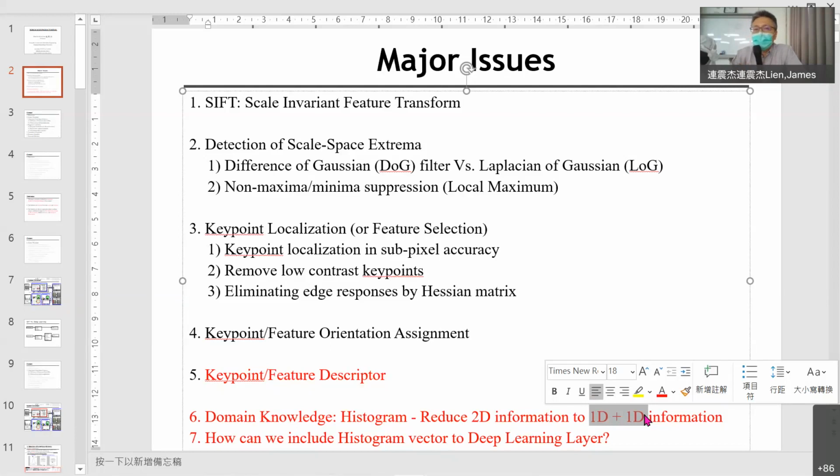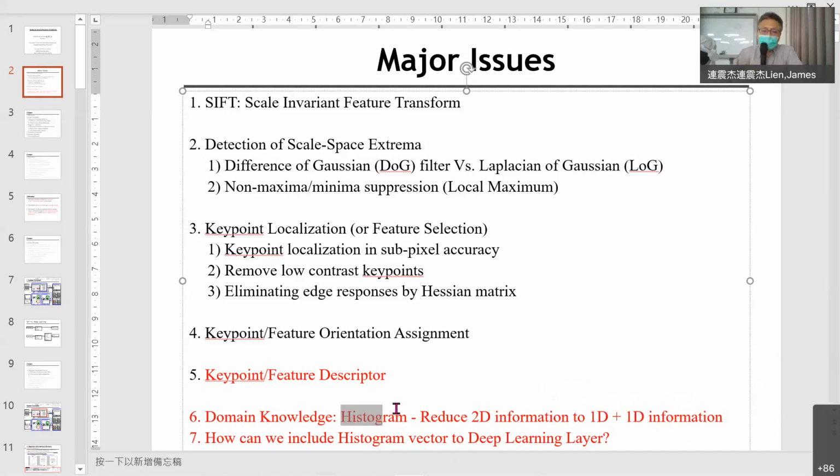But you can process only 100 plus 100, 200 times. How do we do that? Use a histogram.